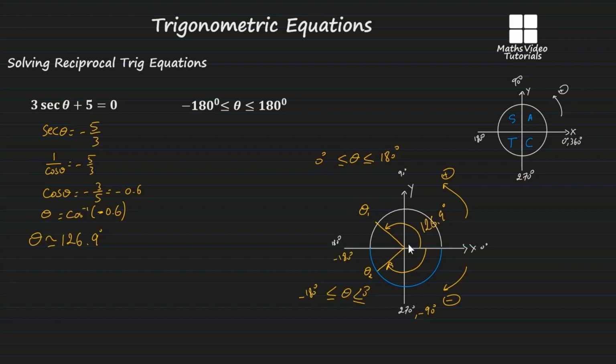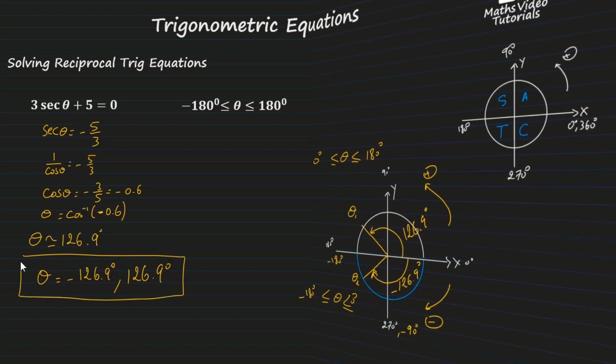And these two angles are the same, so therefore theta 2 must be negative 126.9 degrees. So to write down my answers, I say theta equal negative 126.9 degrees, comma, 126.9 degrees. And that's the answer.